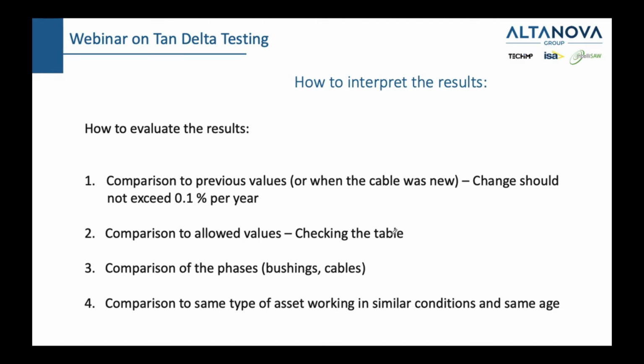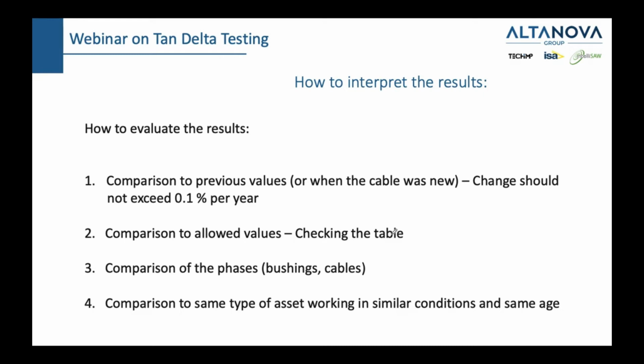The new standard is being written, and this will be included. But if you have a new transformer which has tan delta of 0.3, and after 5 years you measure that transformer and the tan delta is 0.9, which is still below 1, that's a sign for an alarm. So let's say that the rule of thumb would be 0.1% per year or less. And we have one more question.